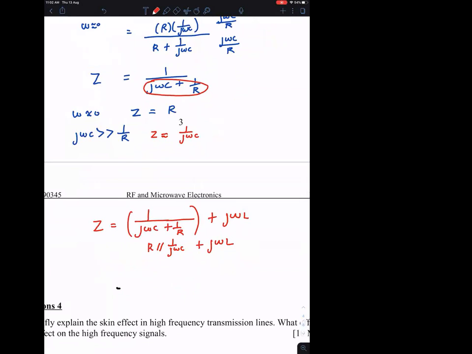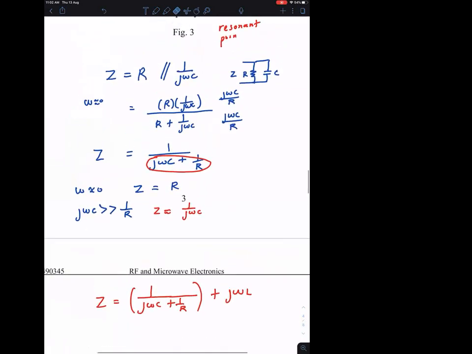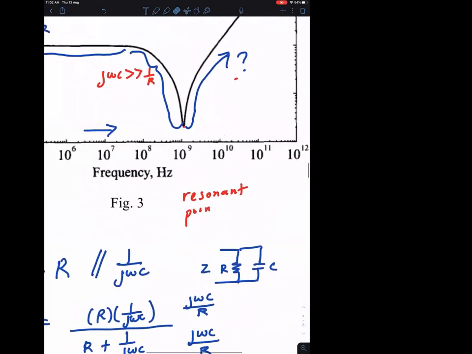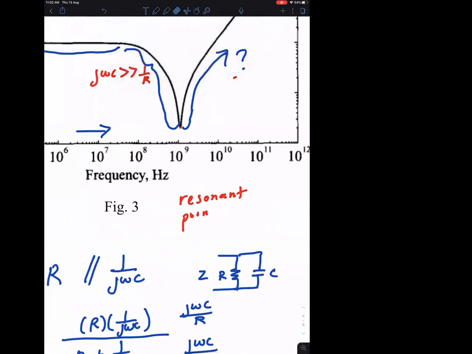As the frequency becomes much, much larger, at this point right here, ZC is ZL.